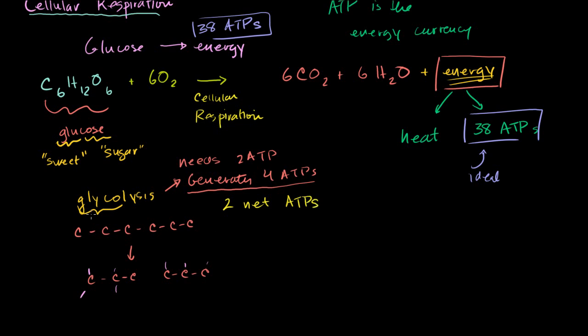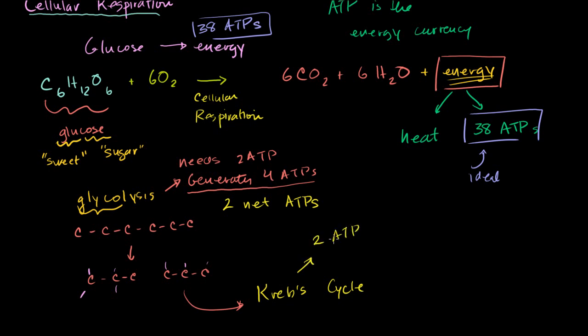So that's the first stage, and this can occur completely in the absence of oxygen. I'll do a whole video on glycolysis in the future. Then these byproducts get re-engineered a little bit, and they enter what's called the Krebs cycle, which generates another 2 ATP.